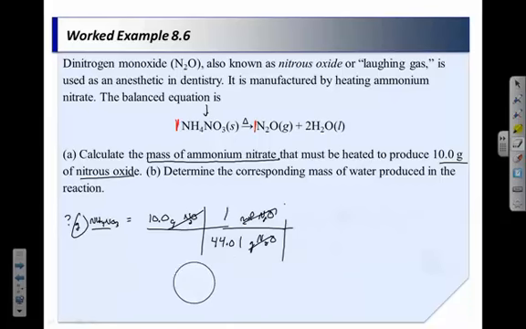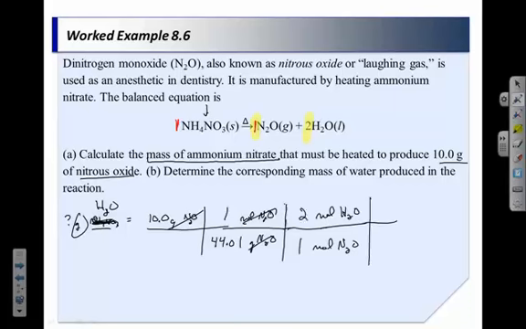Because if I have information about one substance, I want information about a different substance, I need to convert to moles first. So in this case, I want to cancel the moles of N2O and get moles of water. That is a 1 to 2 relationship. So 1 mole of N2O gives me 2 moles of water.